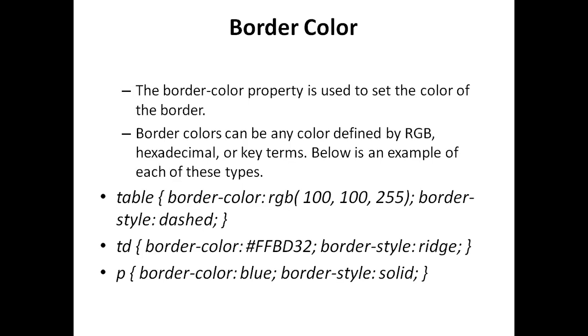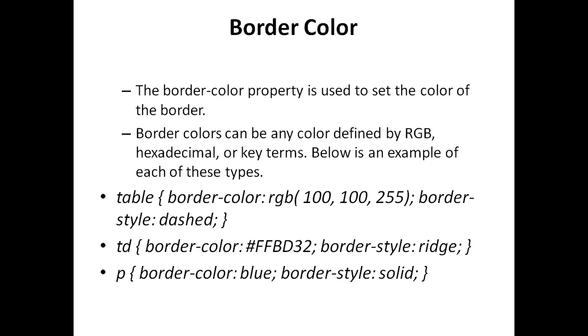Here we can see some examples including three scenarios: where an RGB value is mentioned, where a hexadecimal value is mentioned, and where the name of the color is mentioned directly. Whatever border style we want, as per the color, we can write this particular example. A table example is given as the first part.